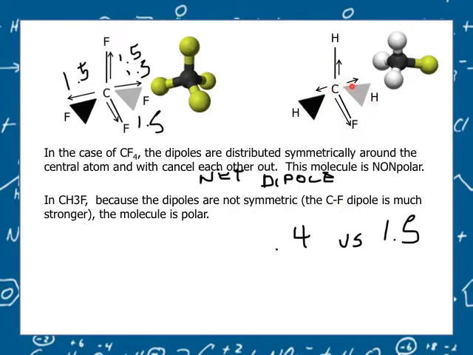One of the teams is very strong, and so we are going to have a net dipole in this, and the electrons are going to be pulled towards this fluorine atom. So this is going to be partially negative near the fluorine and partially positive on the opposite side of the atom. So this is a polar molecule.